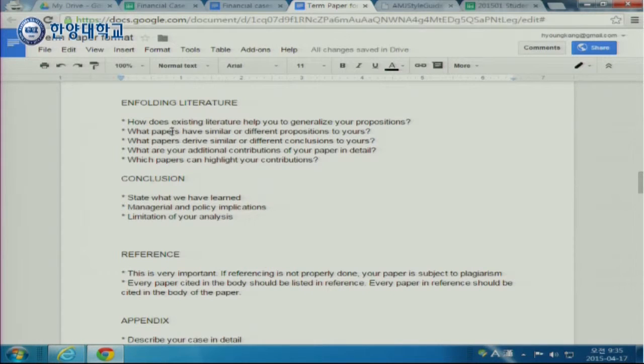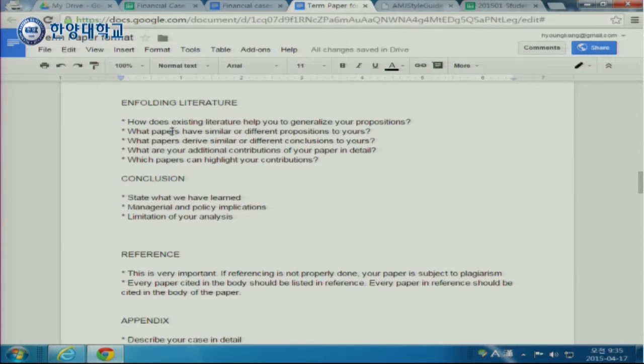Therefore, you write down the limitation of your analysis. So the first one is a summary of the most important parts of your paper. Summary is not just a simple summary, okay? It is a summary related to the key takeaway, and then the implication and the limitation.